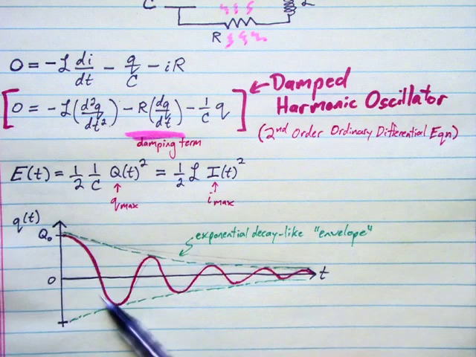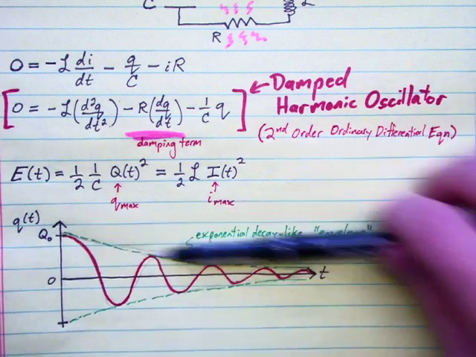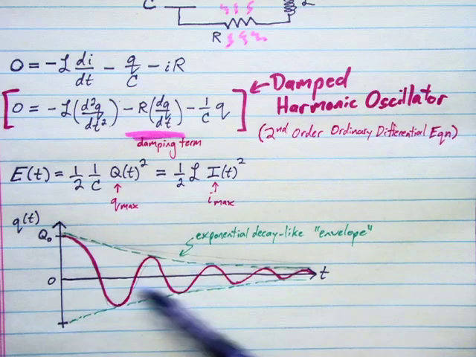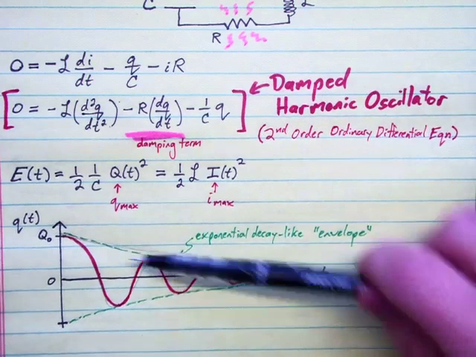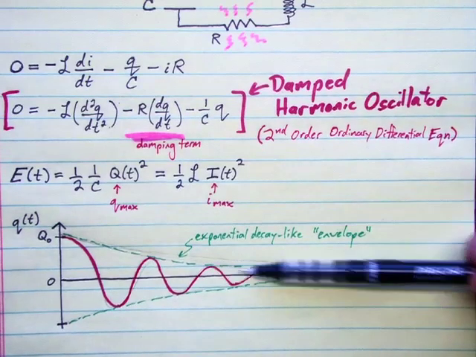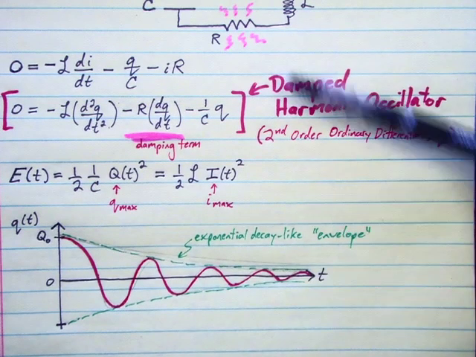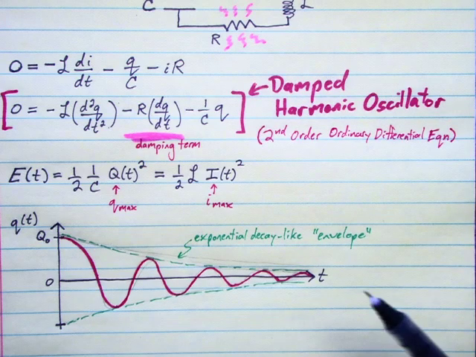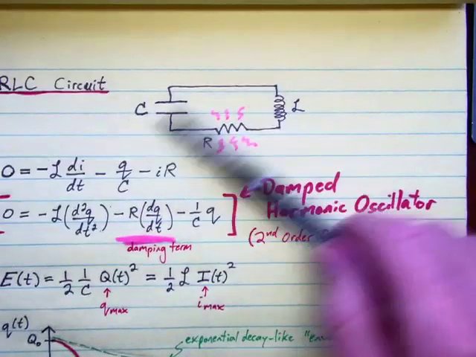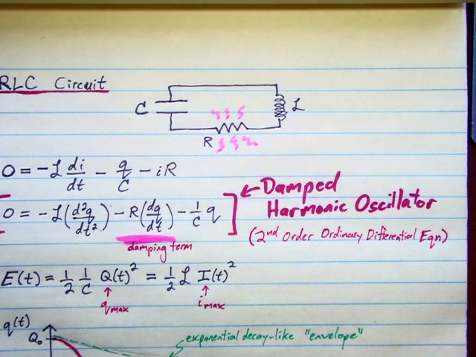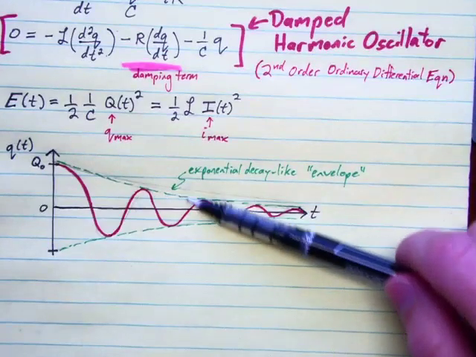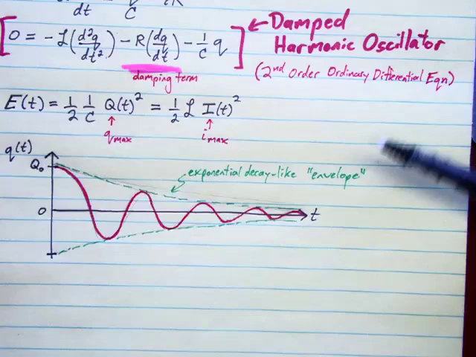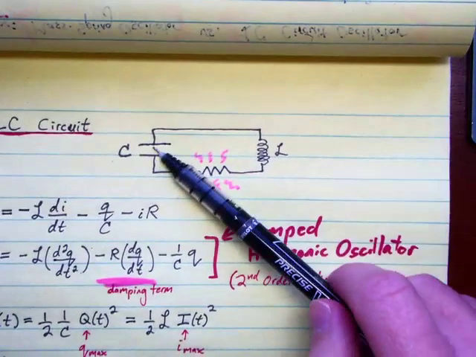So you take our sort of sine function and squeeze it inside these two exponential decays to show our amplitude decreasing with time due to our damping here. That's the way any realistic system will behave. It will cycle back and forth, but over time those oscillations will get smaller and smaller, and eventually all the energy stored in our capacitor here will be converted into heat.